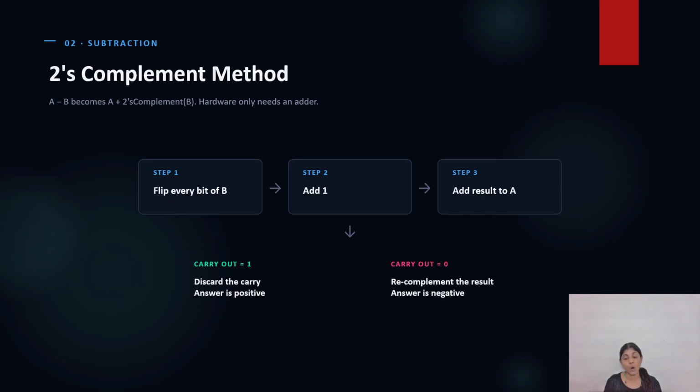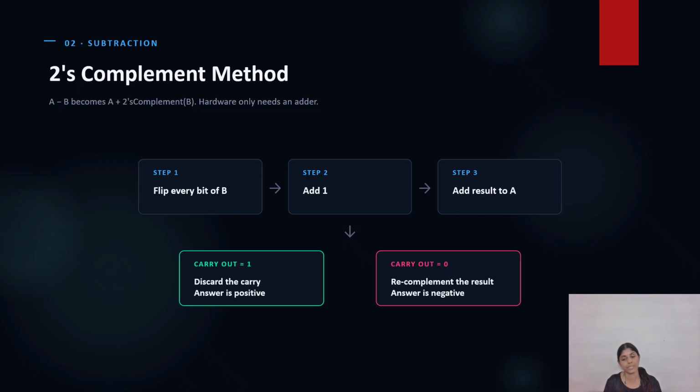If the carry out equals 0, it is actually a negative number. So if it is a negative number, you have to take the complement of the result. Okay. So carry out equals 1: discard the carry, the answer is positive. Carry out equals 0: the answer is negative, and recomplement the result.